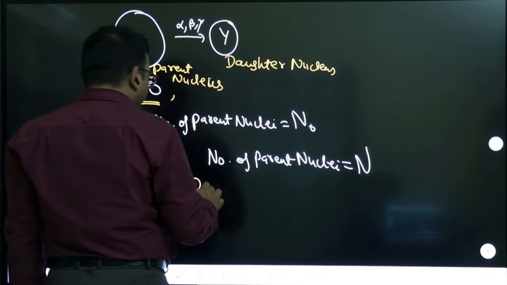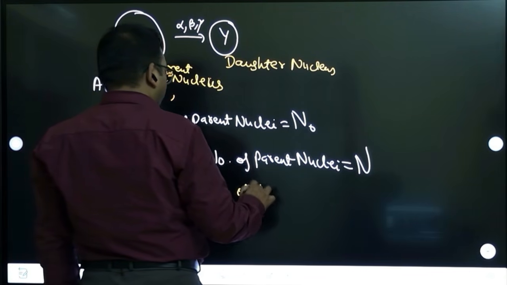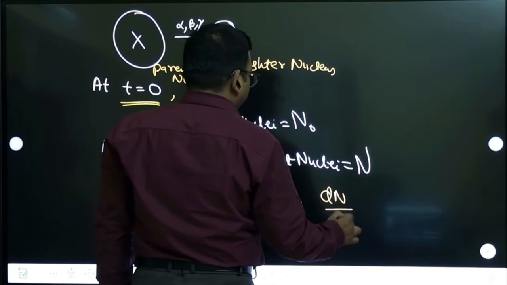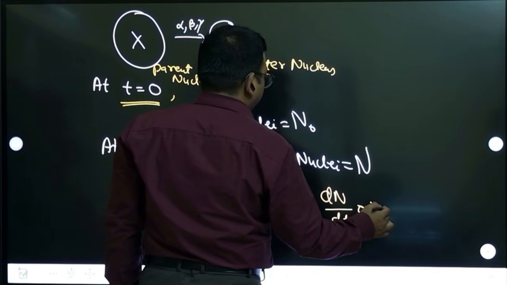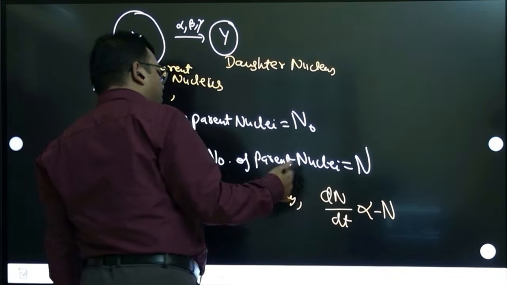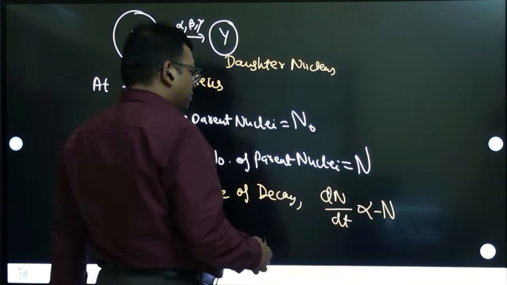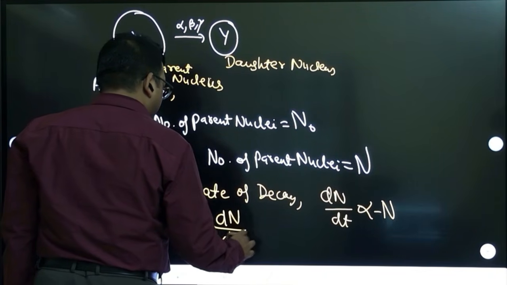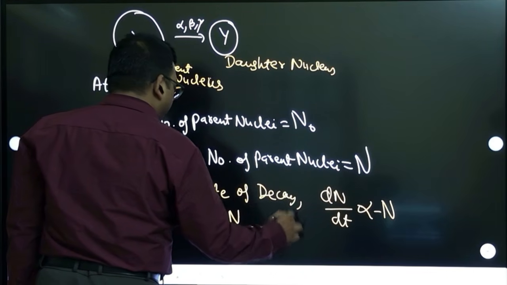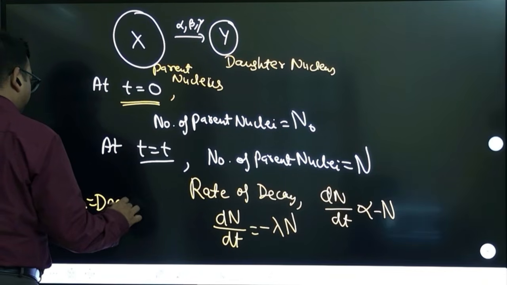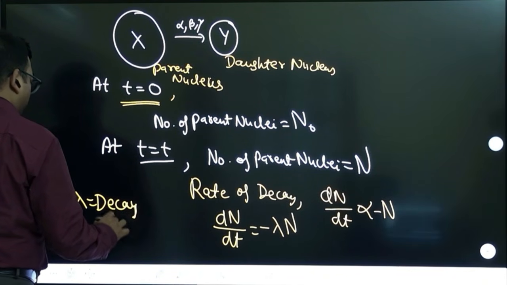So the rate of decay, which is dN by dt, is proportional to N, but with a minus because its number is decreasing. So when you remove the proportionality, dN by dt becomes equal to minus lambda N. This lambda is called the decay constant.